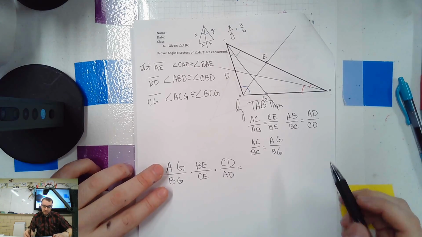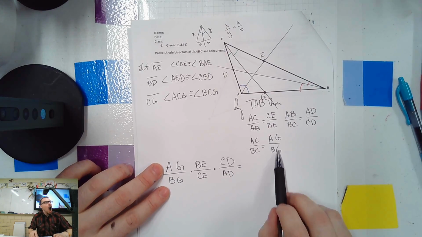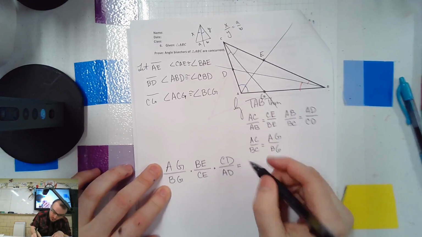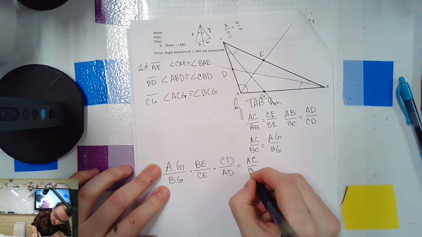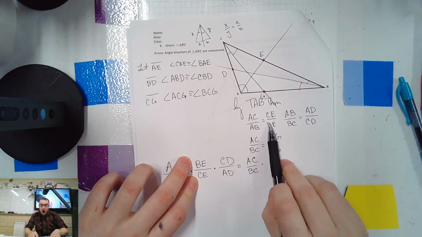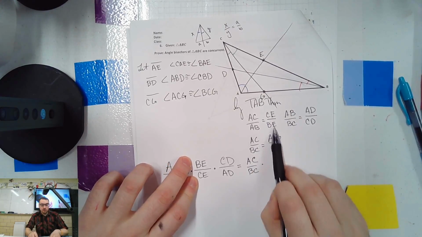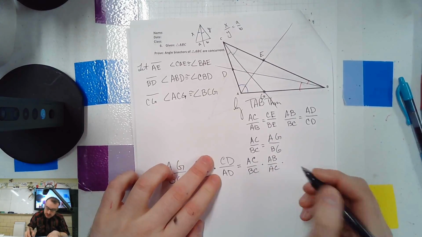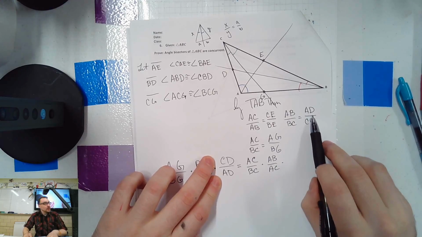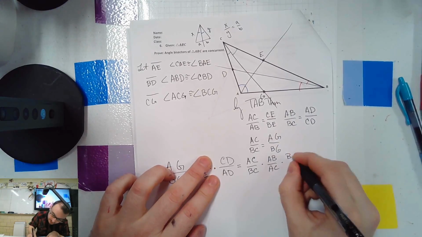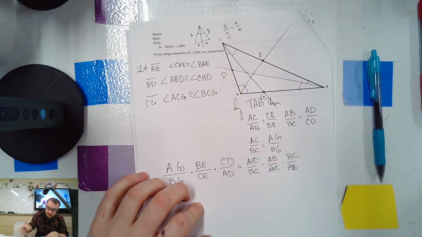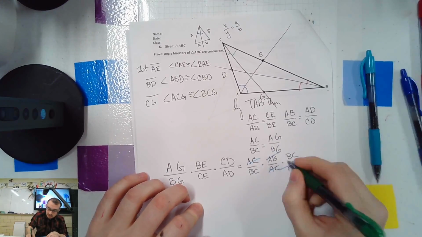Well, what is AG over BG? I know that. What's BE over CE? It's this but flipped, right? So be careful, flip it, AB over AC. What's CD over AD? Flip it, but we know it, right? It's BC over AB. And what happens?